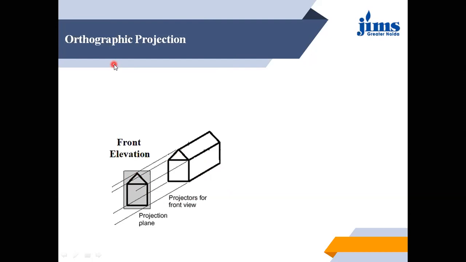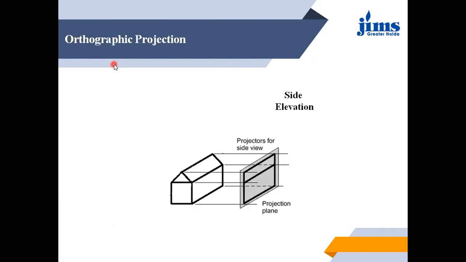In the case of side elevation, the third direction, that is depth, will not be visible. We can see only this direction and this direction.